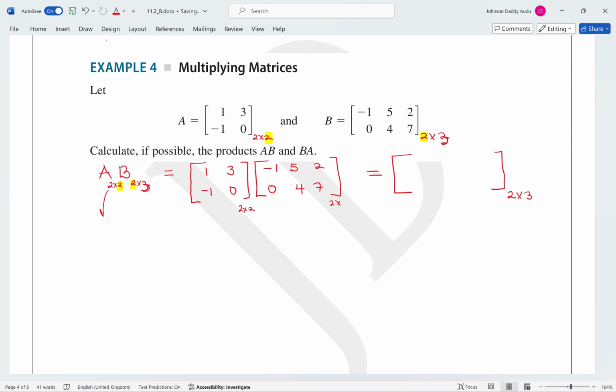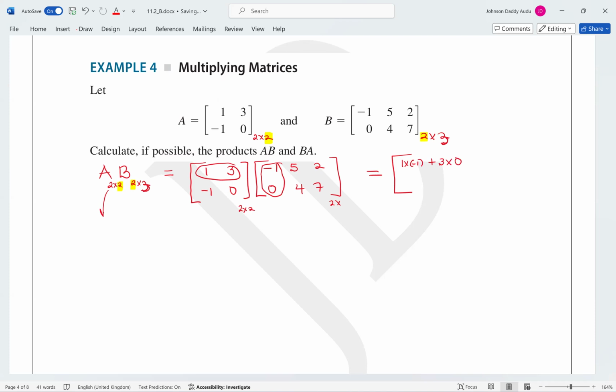Okay. So how can we get that? Just take this row here and multiply with this column. This will give us our first. So let me write it in expanded form. This will be 1 times minus 1 plus 3 times 0.